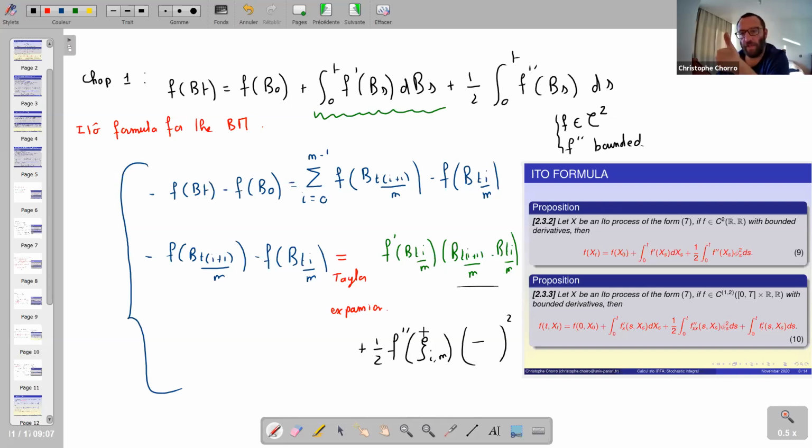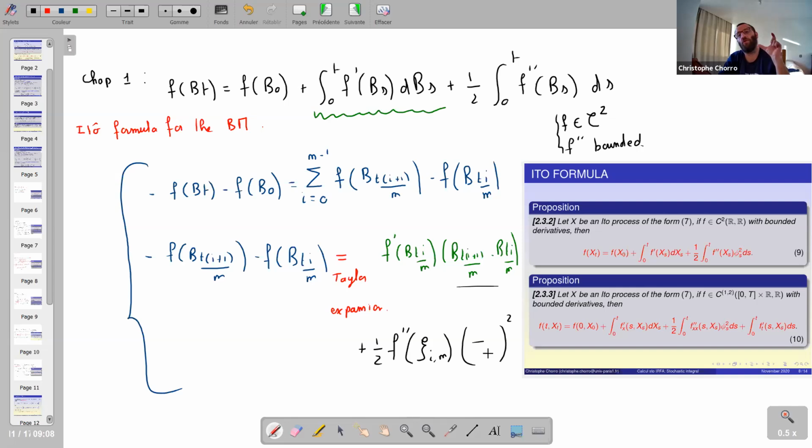So make increments appear on small intervals, use the Taylor expansion, and then you have to use technical tools in order to prove that everything converges toward the good limit. And keep in mind also that here I obtain a Riemann integral because when I consider the square of the increments, I will have quantities related to the quadratic variation of the Brownian motion on an interval.